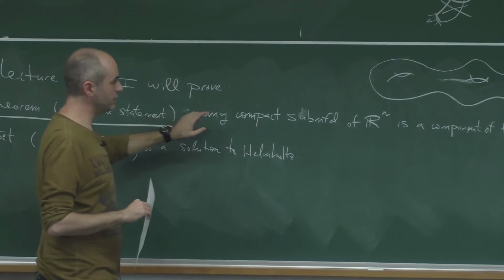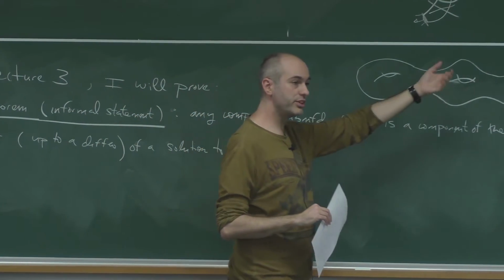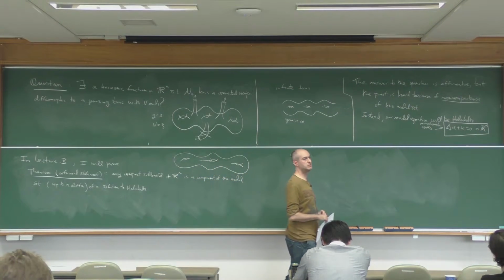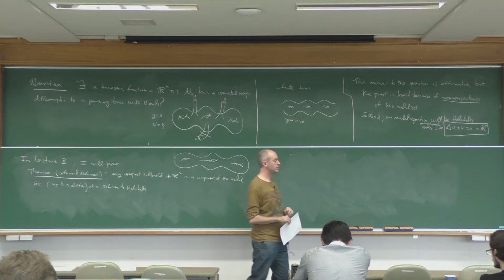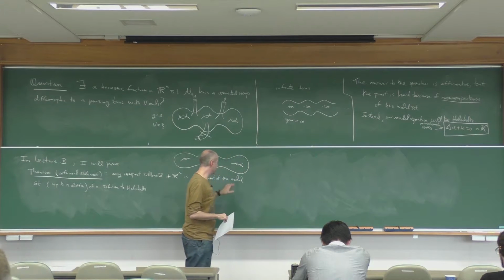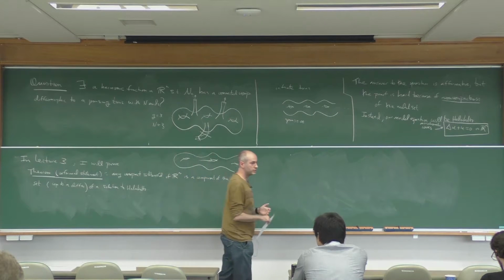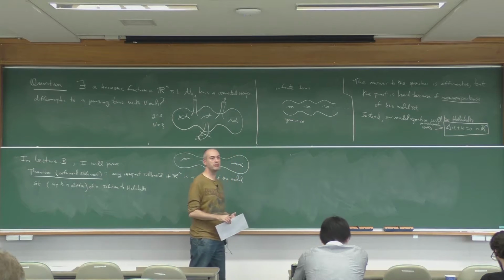And so what this statement says is that given any compact hypersurface, no boundary, orientable, and of course smooth, in Euclidean space, in higher dimensions you cannot even draw it, but the object makes sense.